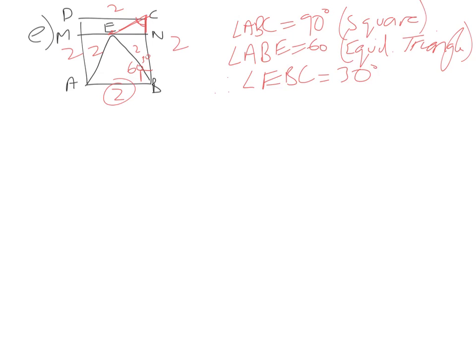Okay, now, because we know that's 2 and that's 2, it's an isosceles triangle. So therefore, triangle BEC is isosceles.